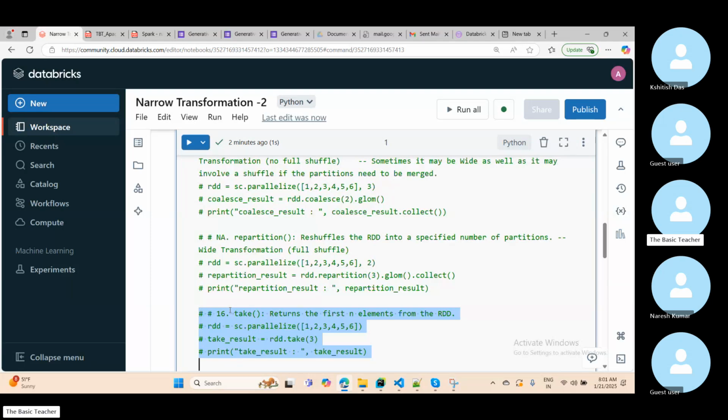Whenever we are looking for equal distribution of the data, to make sure that processing time is good and none of the resources are sitting idle and all are putting the same effort into data processing, then we go for repartition. When we have to reduce the data, let's say for writing the file to the target location, then we go for coalesce. So these points you can mention in your optimization topic as well.